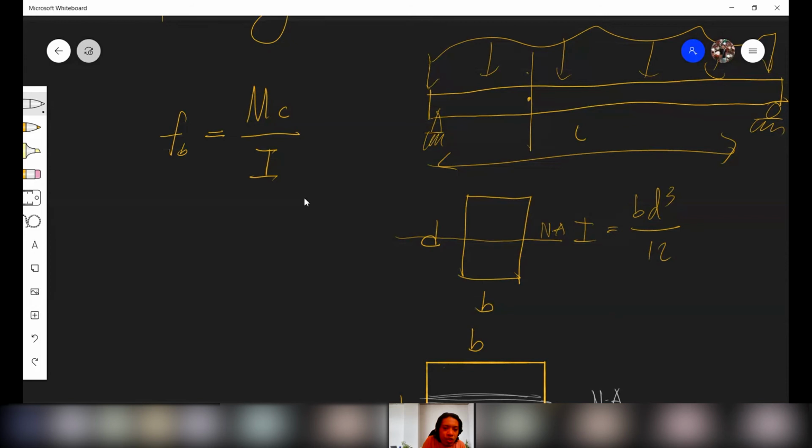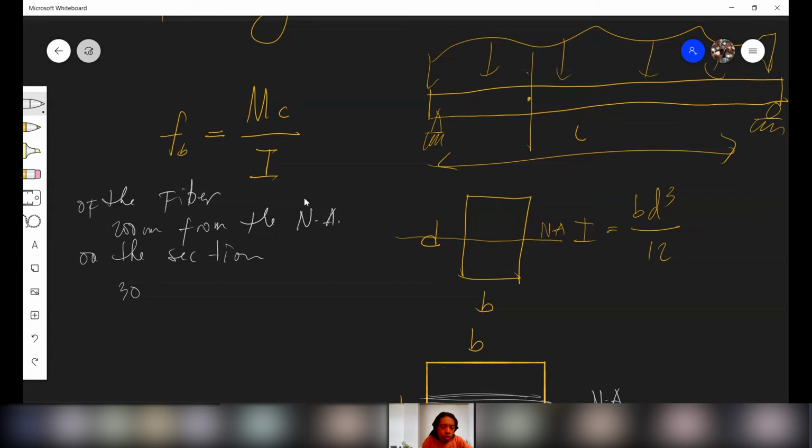Find the flexural stress of the fiber 200 mm from the neutral axis on the section 3 meters from the left support.